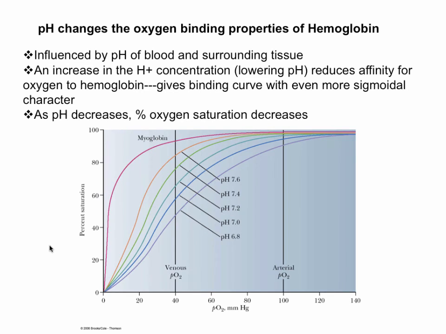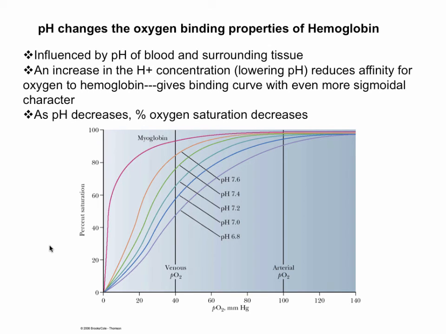All right. So there are different factors that can affect the binding properties of hemoglobin to oxygen. One of those is pH changes. The pH of the blood and surrounding tissue can influence the oxygen binding properties of hemoglobin.